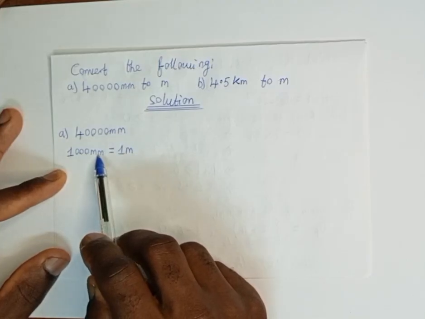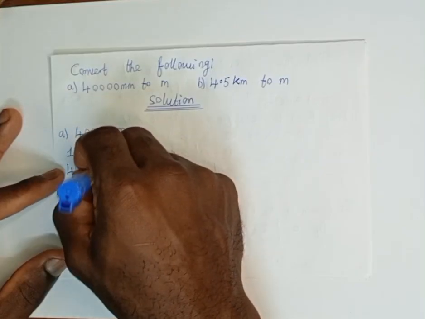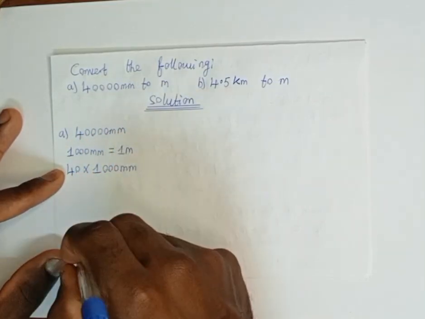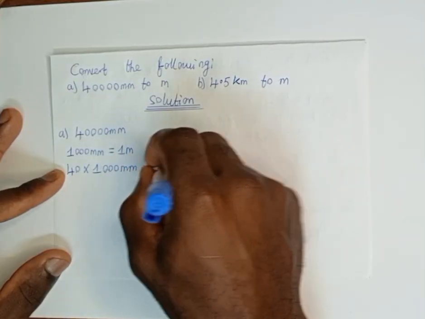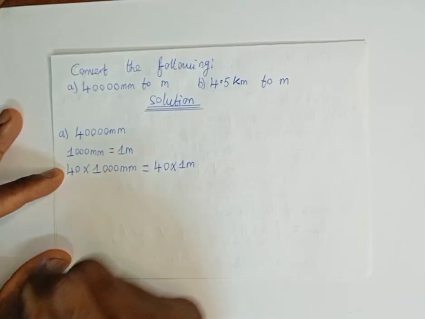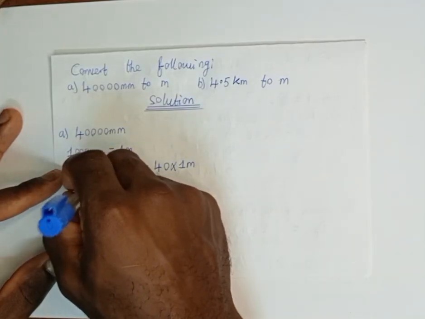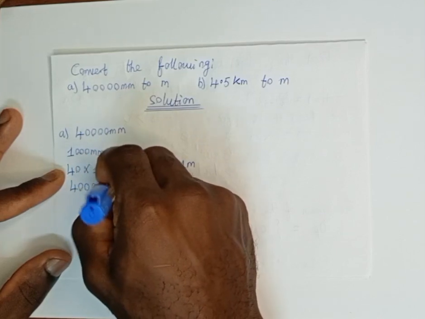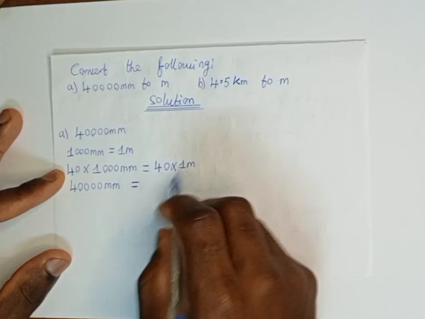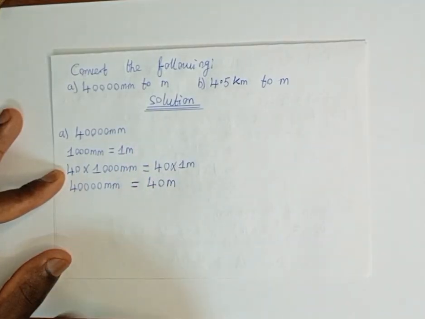the left hand side. We take 40 times 1000 millimeters. It will be equal to 40 times 1 meter. 40 times 1000 millimeters will give us 40,000 millimeters to be equal to 40 times 1 meter, which gives us 40 meters.